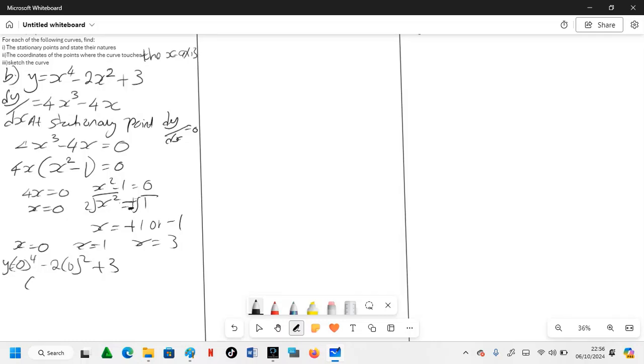So that means the stationary point is going to be 0, 3, right? When x is 1, y becomes 1 to the power 4 minus 2, 1 to the power 2 plus 3.